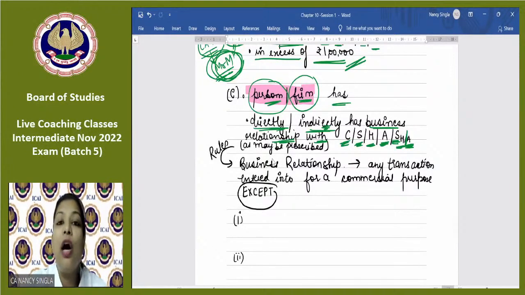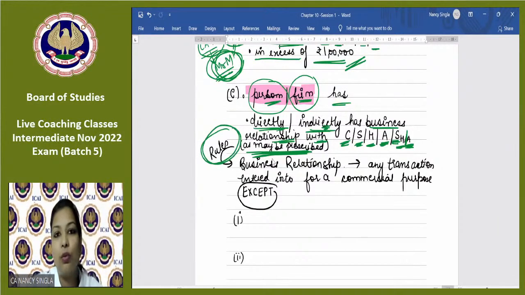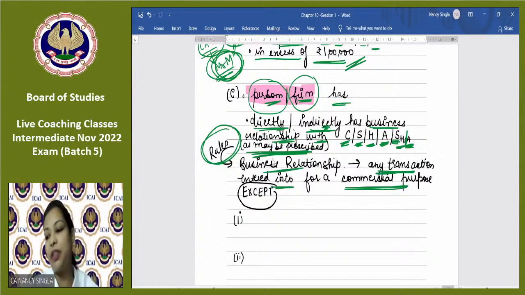ठीक है. Now what is meant by business relationship: it is mentioned that business relationship means as may be prescribed, and I have told you where it is prescribed in the rules. ठीक है. And the rules define business relationship as any transaction entered into for a commercial purpose. कोई भी transaction for a commercial purpose is again what? Business, है ना.